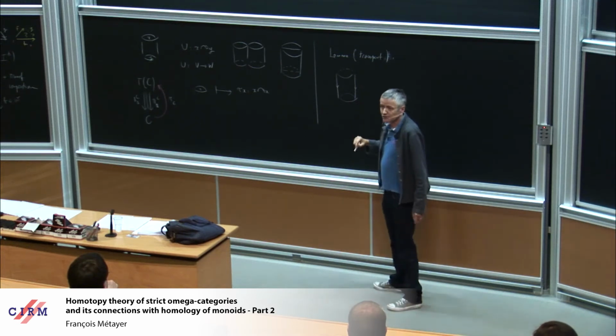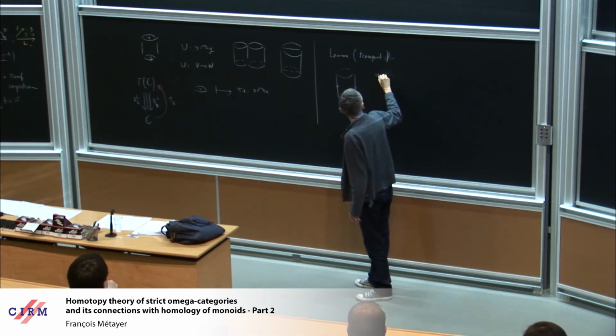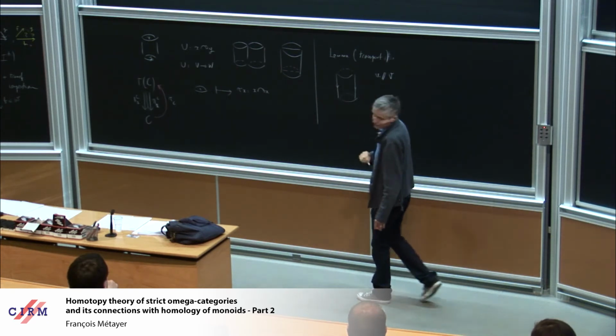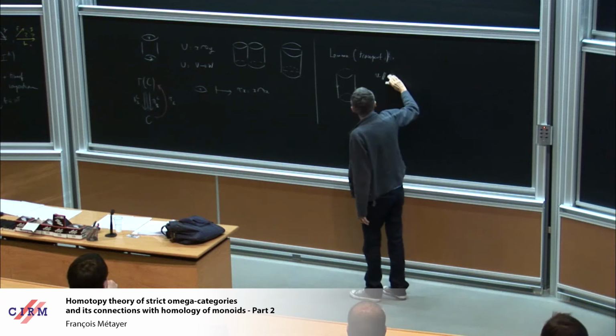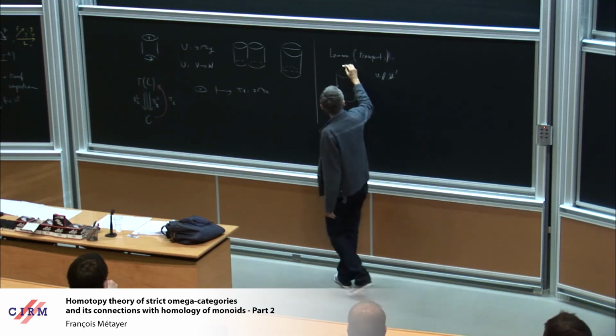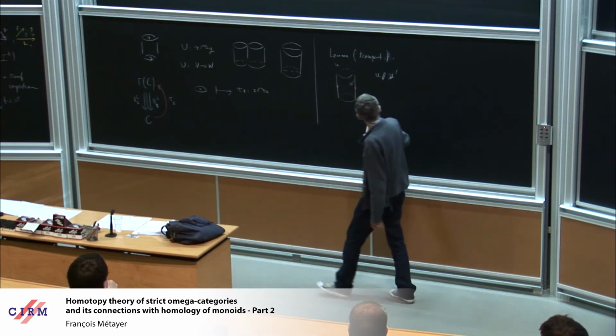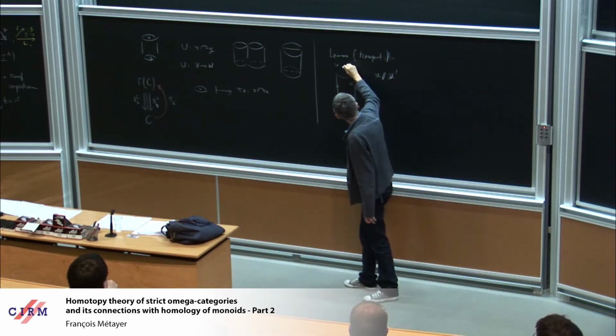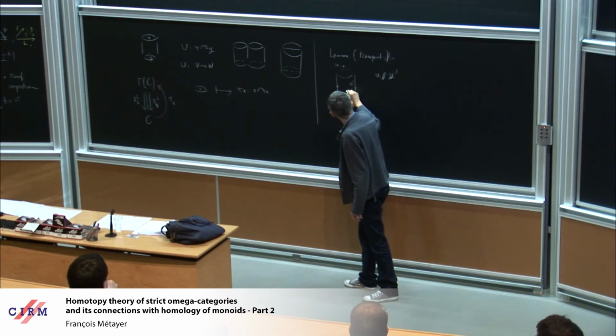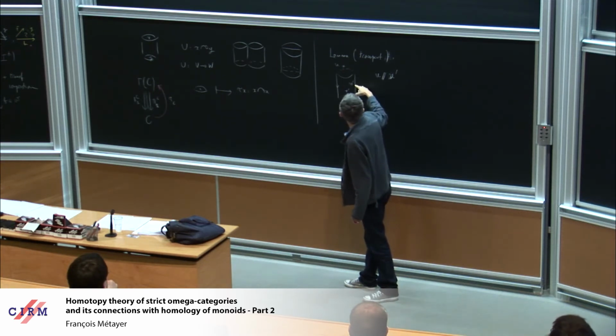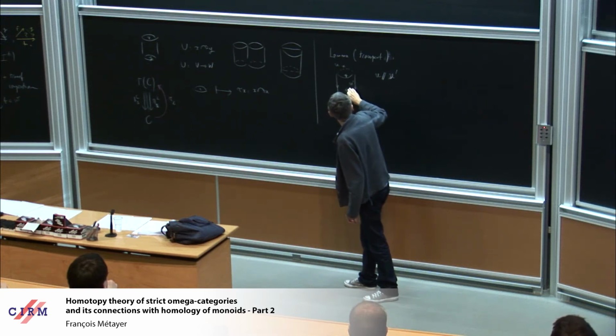If you have this situation, two cylinders, U parallel to V, let's say U prime on top. So this goes from X to Y. U prime goes from X prime to Y prime, sorry.